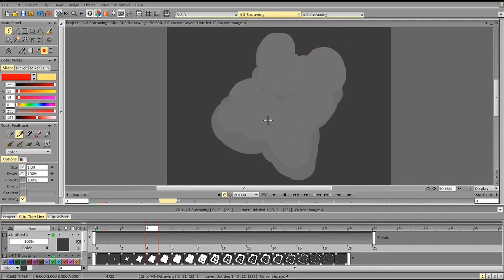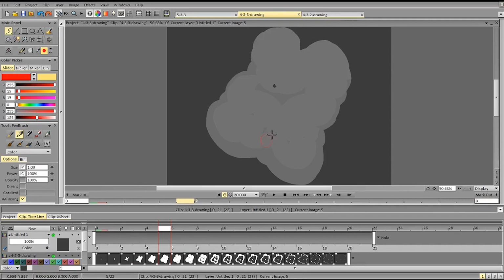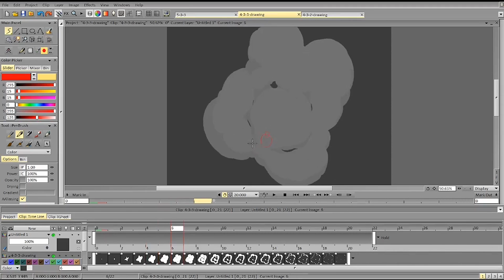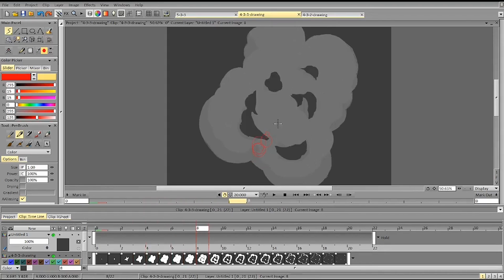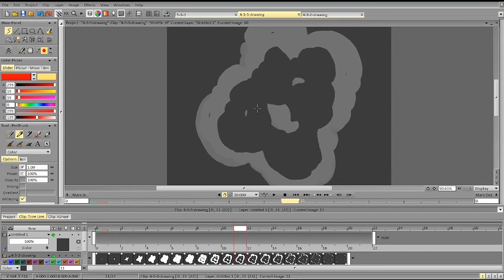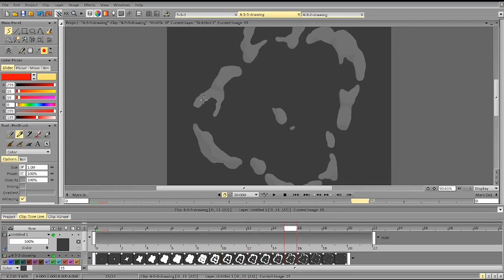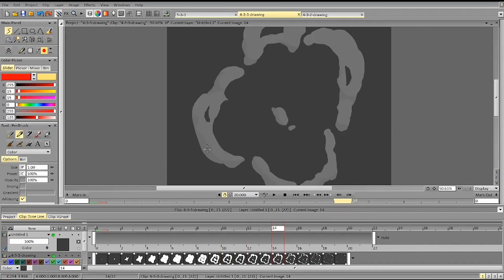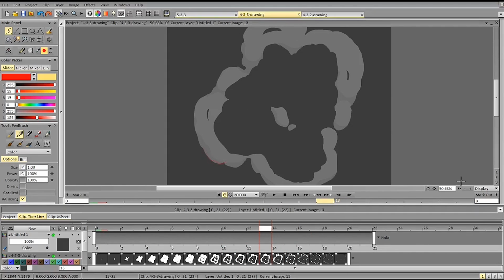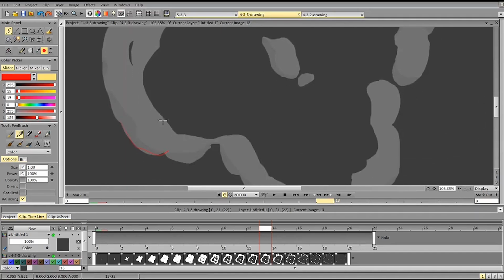And pay attention to the motion of the inner shapes. Suddenly goes here, suddenly goes back. And of the contours. So you see the contour goes very bumpy here.